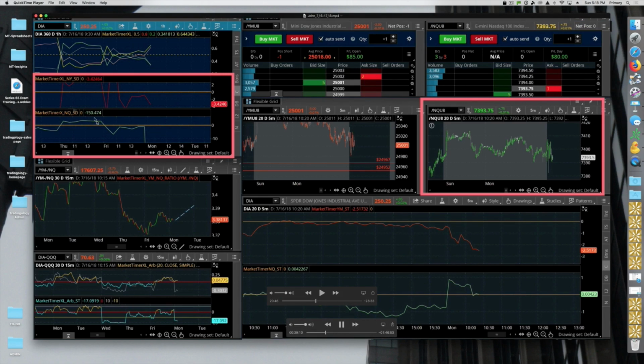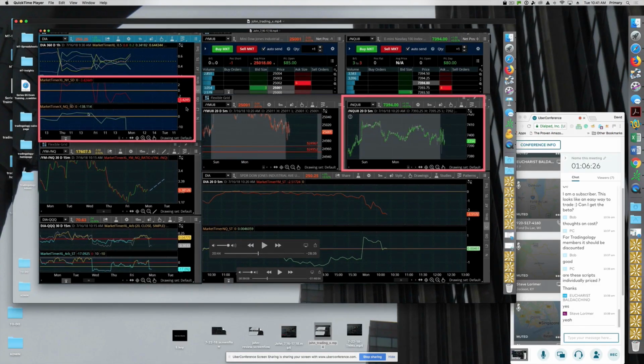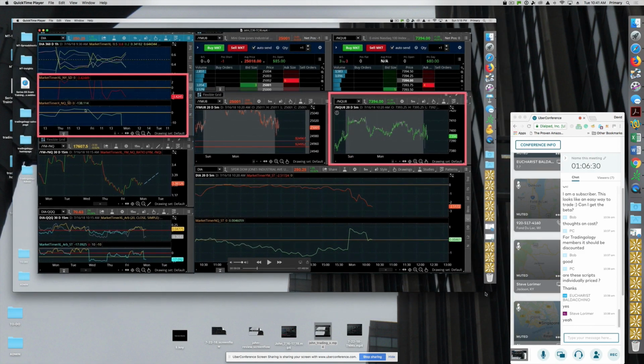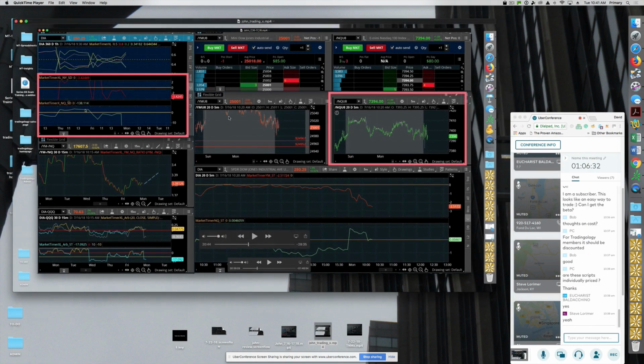You may have a hard time seeing it right now, but the supply and demand index on the NASDAQ was minus 150, and it was a minus 138. Those are huge numbers. We also saw minus 3,000 a couple of times, and he traded based on those numbers.